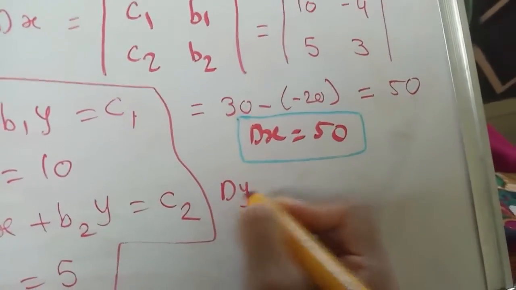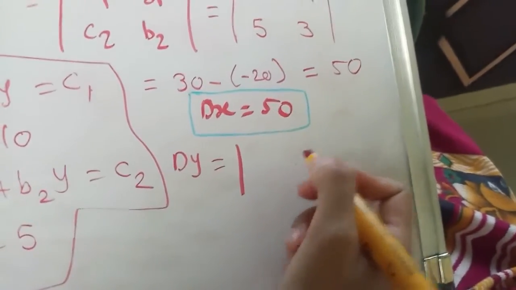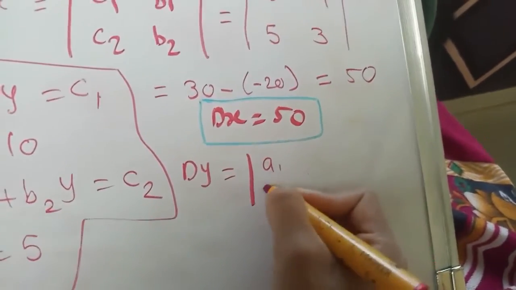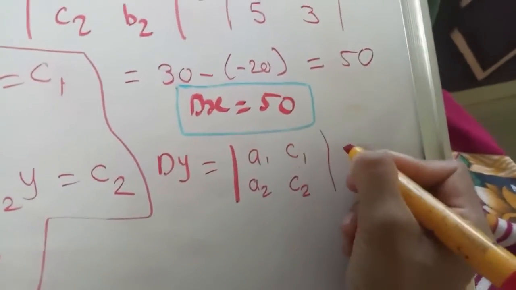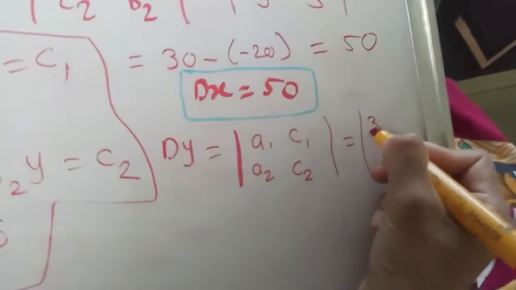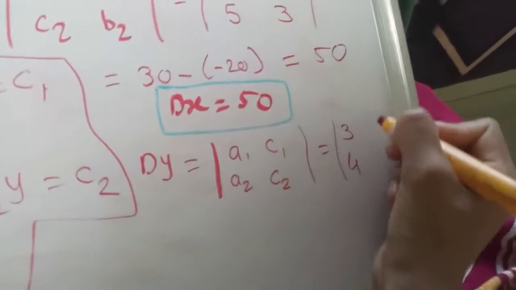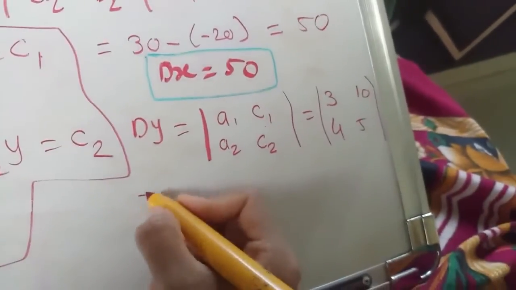Then dy. Dy is equal to determinant of a1, a2, c1, c2, where a1 is 3, a2 is 4, c1 is 10 and c2 is 5.